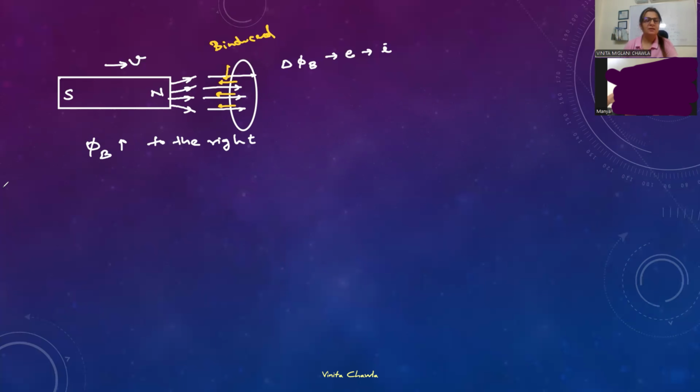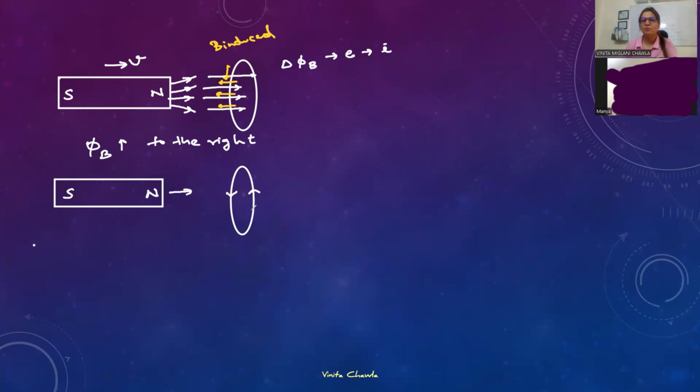And we can understand this another way. We have the clock face rule that we read in the previous chapter, right? So if the north of the magnet moves towards the coil, then the current produced in the coil is anti-clockwise. Why is the current anti-clockwise?